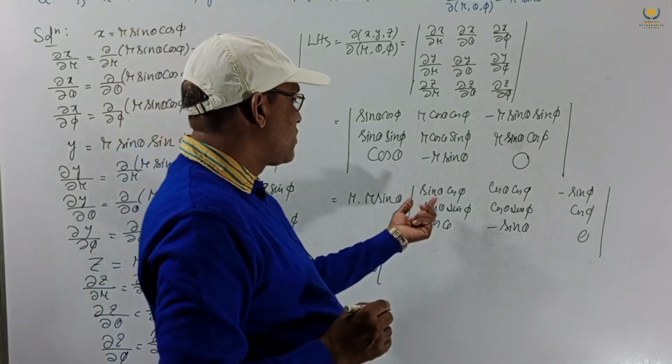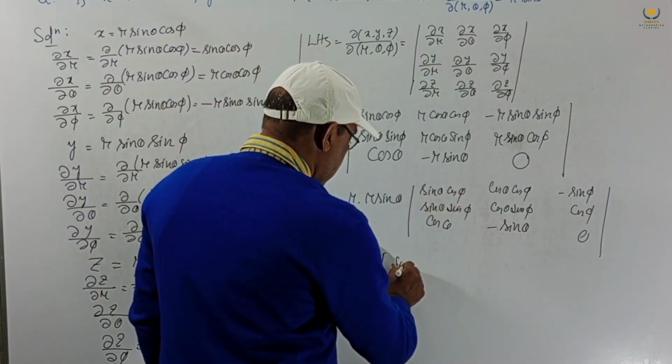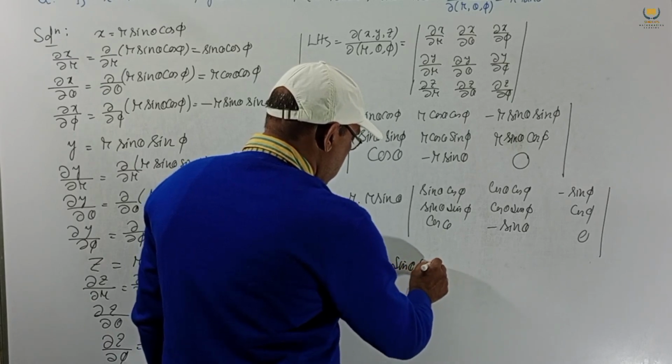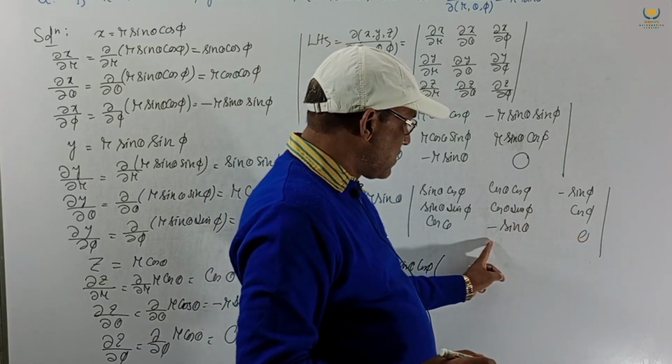If we expand, first we consider sin theta cos phi, then this into this minus this into this.